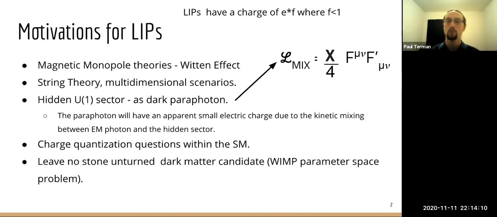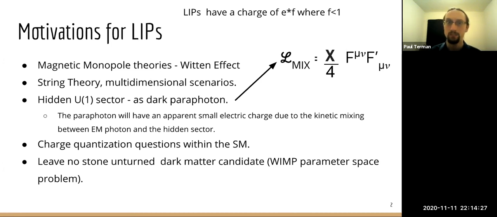They come about in a variety of dark matter theories and also non-dark matter theories as well, such as theories dealing with magnetic monopoles, where the monopole will actually get a small electric charge under the Witten effect.